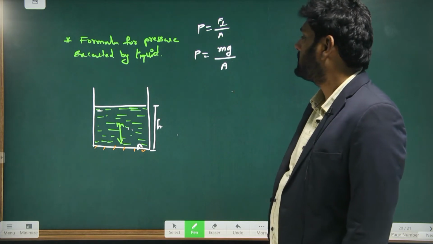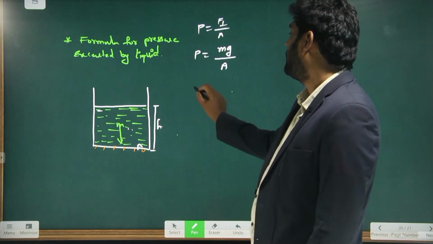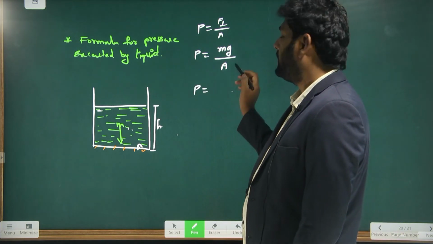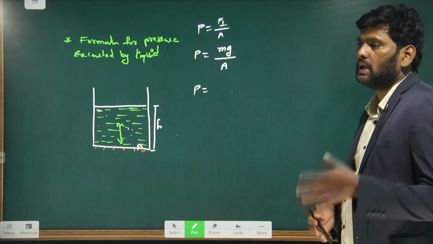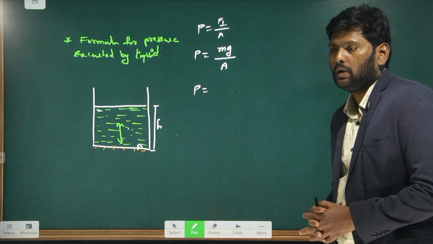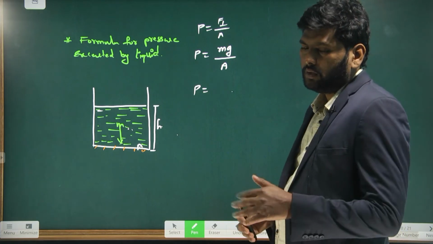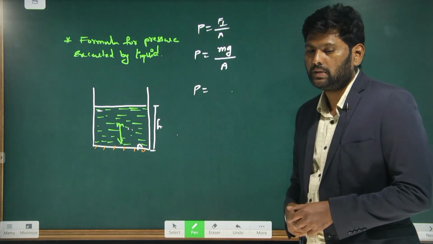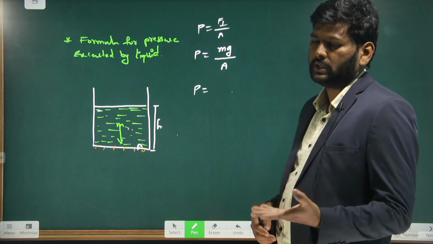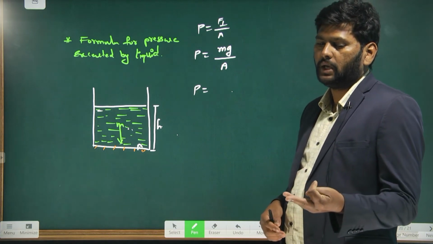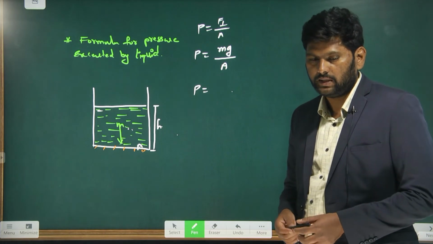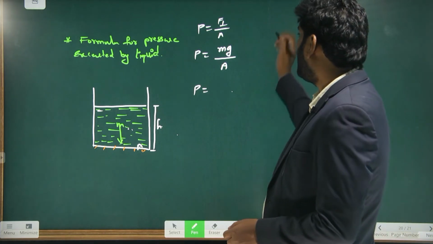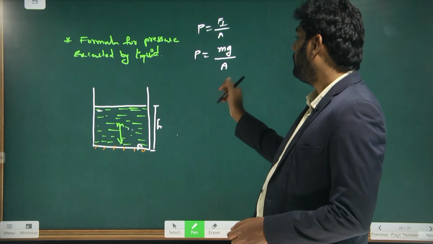But this mass you can write as density into volume. In the previous class when I was explaining gravitation, I gave some density formulas: areal density, volume density, linear density.